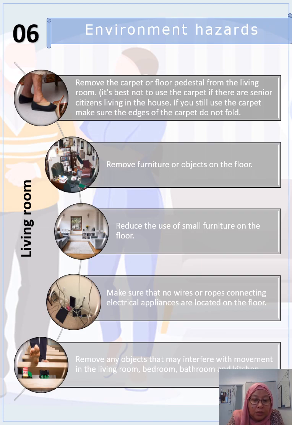Make sure that no wires or ropes connecting electrical appliances are located on the floor. Remove any objects that may interfere with movement in the living room, bedroom, bathroom, and kitchen.